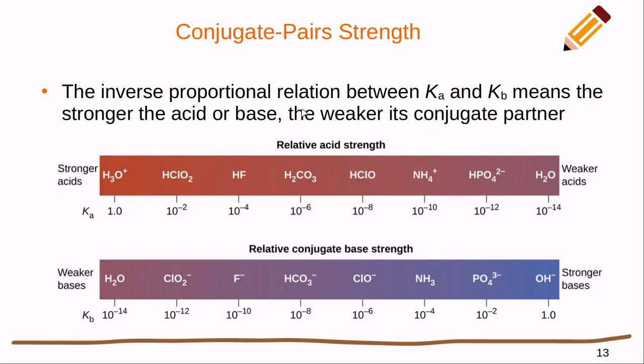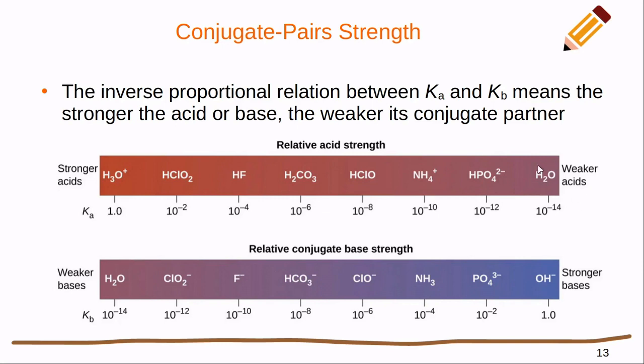Now, because Ka and Kb have this inverse relationship, the stronger the acid or base, the weaker its conjugate partner is going to be. So here where we have a relatively strong acid, the hydronium ion, its conjugate base, water, is going to be a very weak base.